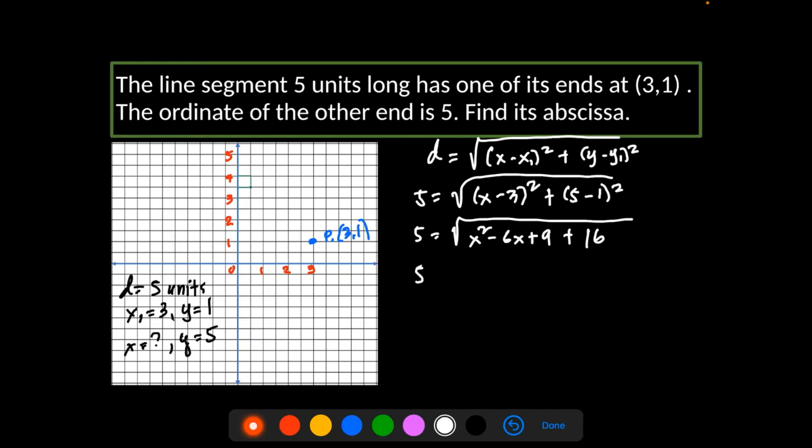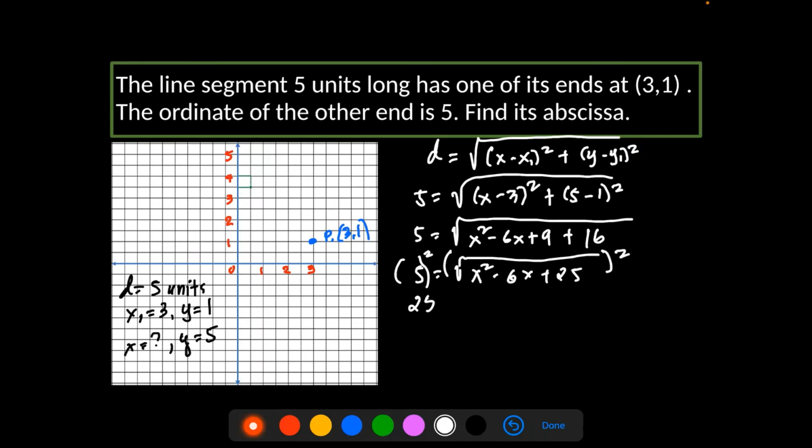Alright, and so this will give us 5 equals the square root of x squared minus 6x plus 25. Alright, so getting rid of the radical sign, we simply square both sides.